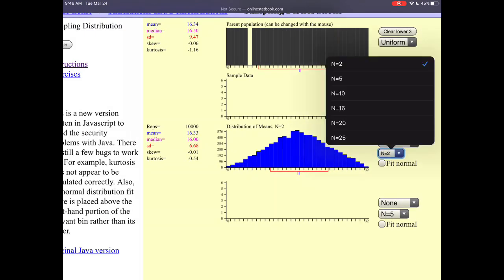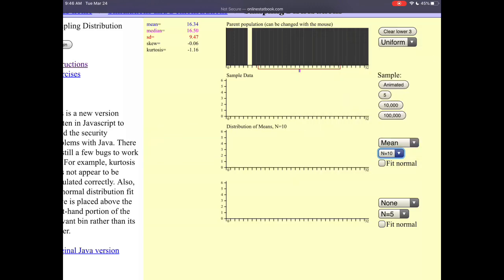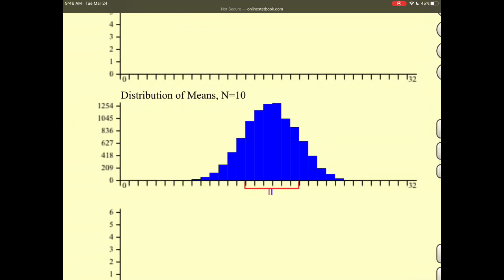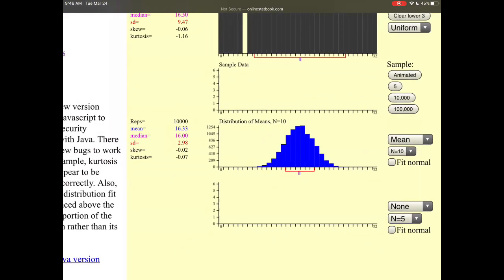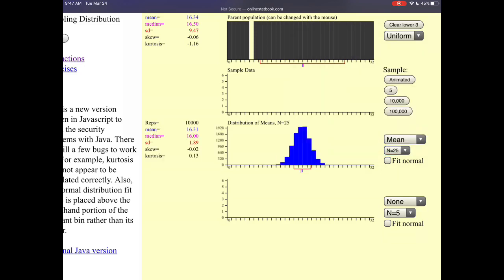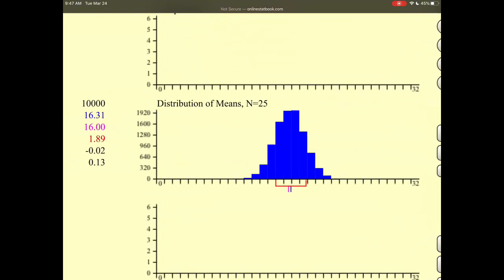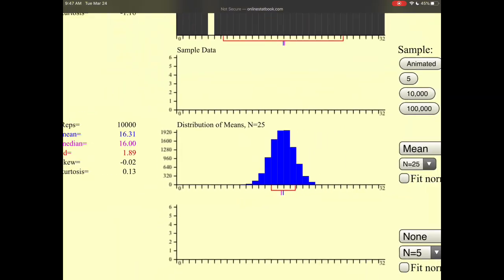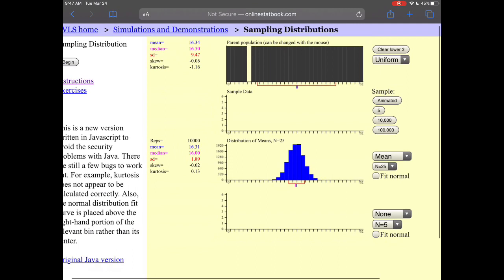Let's then change the sample size to 10 again. And again, you can notice it's right about in the middle, so about 16. And then if we change the sample size to 25, again, we have our center right about in the middle, so at about 16. So what we can say with the center for number 6 is the center stays the same.